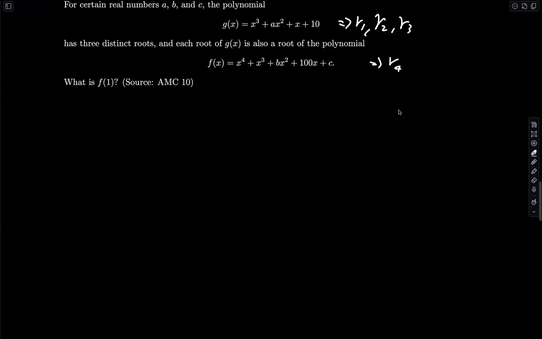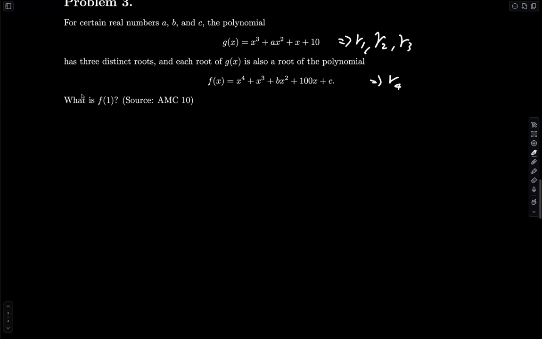And now, using Vieta, we know that r sub 1 plus r sub 2 plus r sub 3 equals negative b over a, which is just negative a. That's our first equation. And the second equation that we can get from g of x is r sub 1 times r sub 2 plus r sub 2 times r sub 3 plus r sub 3 times r sub 1.